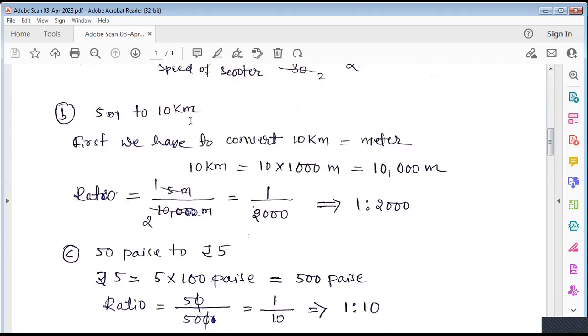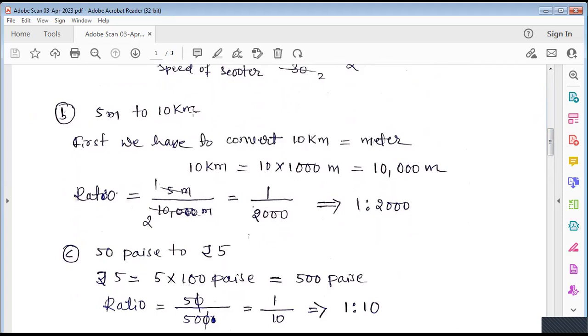5 meter to 10 km ratio we have to find out. So first here we have to convert 10 km to meter, because when you compare two quantities, both the quantities should have the same unit. Here, this is in meter, but this is in kilometer, so we can't compare.